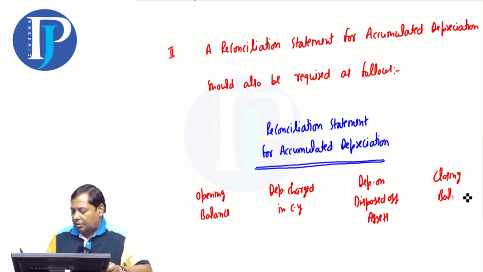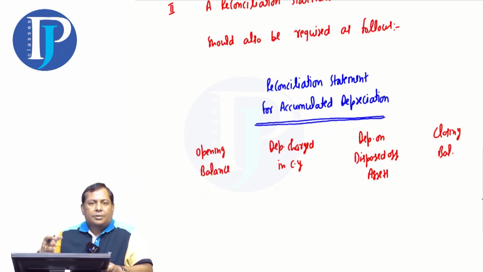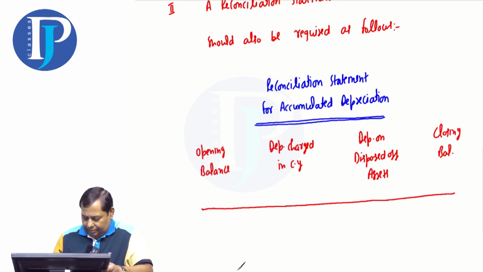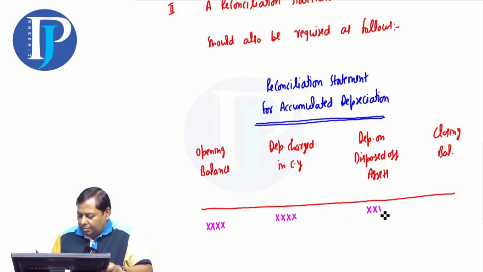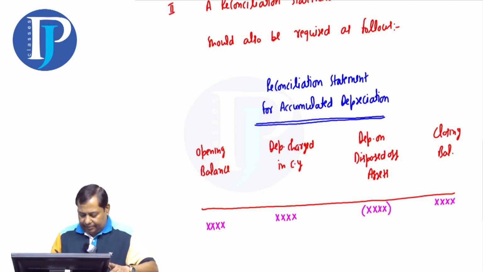So depreciation increases due to the charge in the current year. Or if you sell an asset, as a result, the provision will be removed. The old balance of depreciation, we have charged this in the current year on all the properties. We'll remove it for sold properties, and here comes the closing balance. So these are two disclosures, and now third.